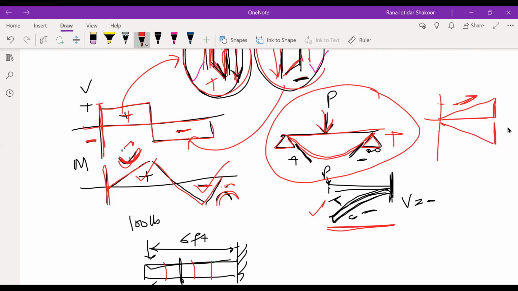In this particular case, if the load is being applied in this direction, it will go into this shape. That is a sad face, and a sad face I know is a negative moment, so it will be on the negative side, right.